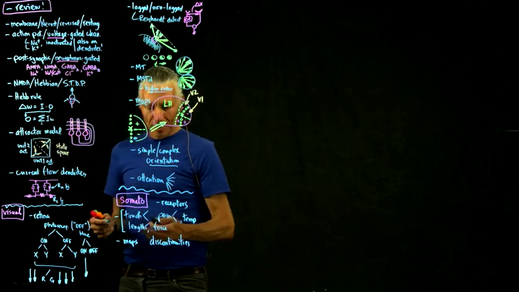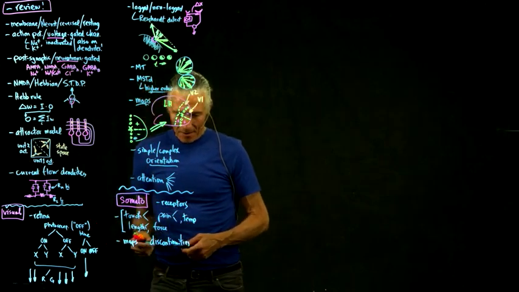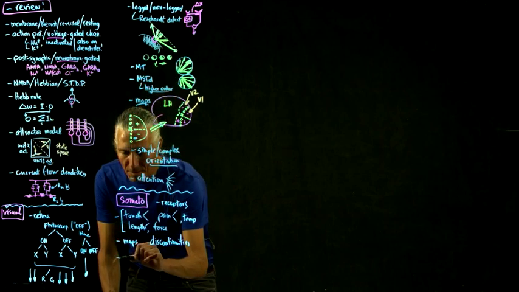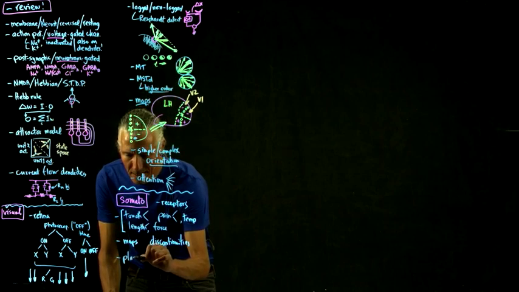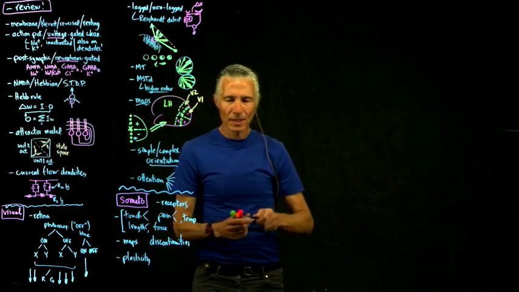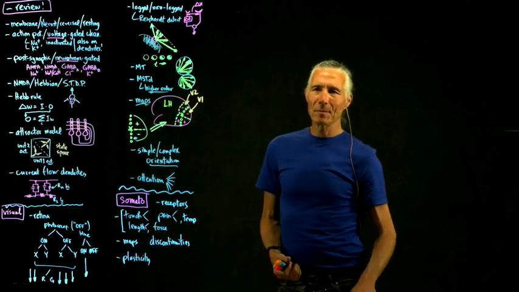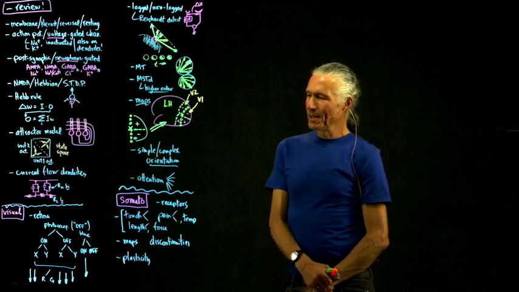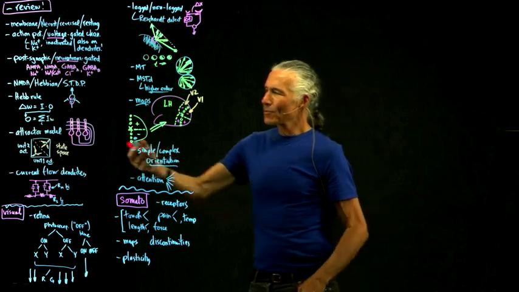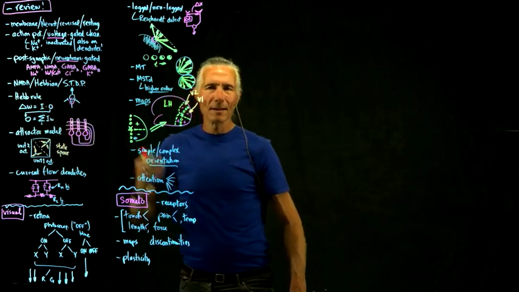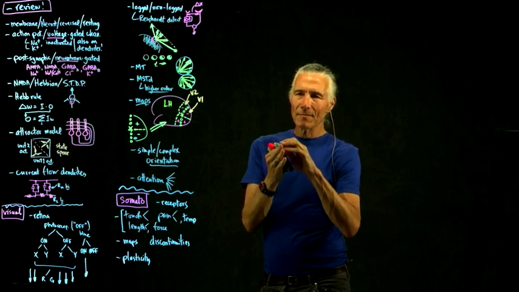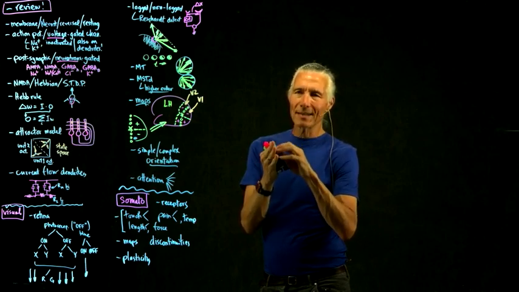But they're still maps. And there was also a little talk about plasticity. Some of these maps can be adjusted if something bad has happened to some part of your body. We think that's driven by Hebbian learning, by receiving information about what is next to what.